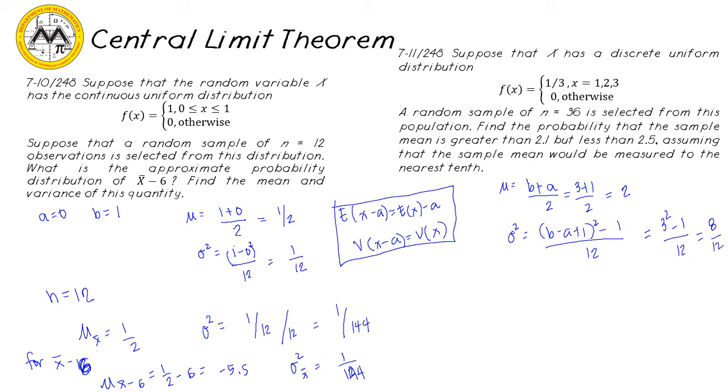So a sample of size n equal to 36 is selected from this distribution, and the mean is greater than 2.1 but less than 2.5. The sample would be measured to the nearest 10. So we're looking for the probability that x bar is in between 2.1 and 2.5.